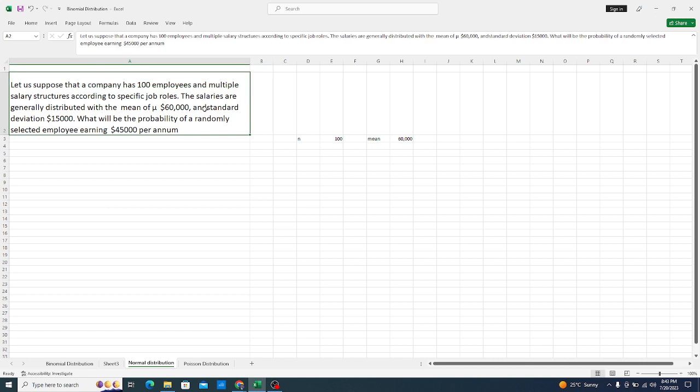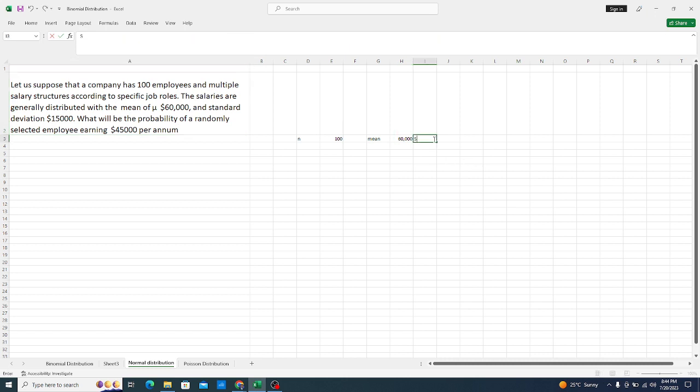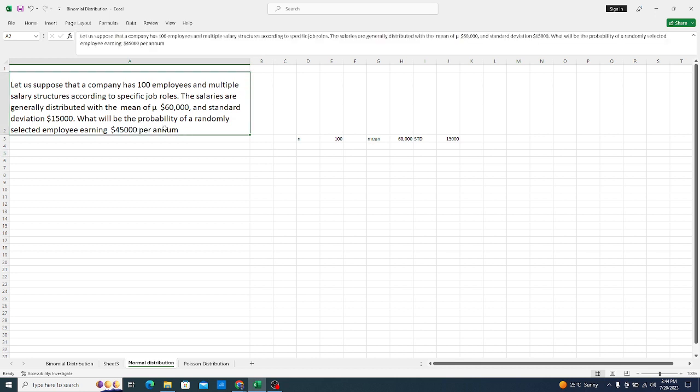Okay, and we have a standard deviation of 15,000 US dollars. So we are being asked, what is the probability of a randomly selected employee earning 45,000 per annum, US dollars per annum?